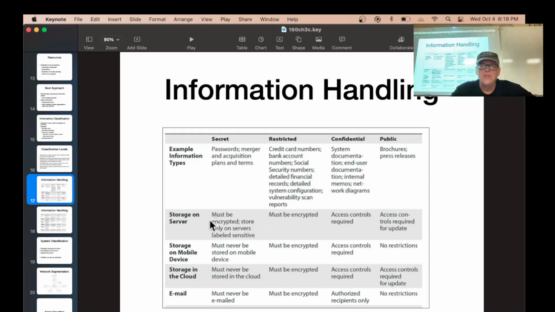And so then you'd have rules of how you're going to handle it. So secret, restricted, confidential, and public, you'd have the types of information, then you'd have how it's going to be stored on a server, on mobile devices, in the cloud, and in email. And I must say, I'm doing exactly this in one of my consulting jobs at a financial institution. They have about 100 security policies, and part of my class is the students are given a scenario like you are developing a new phone app which is going to do banking, and you're going to have data on it, and you're going to have data on the server, and what are the policies that say how encrypted does it have to be?